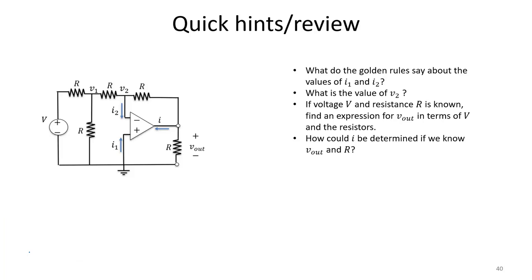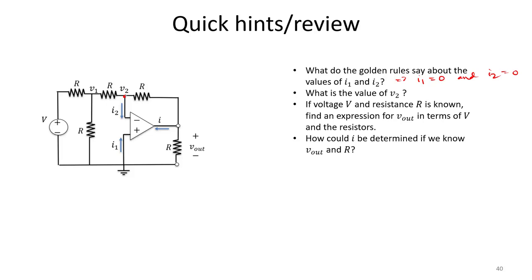Well, remember, the golden rules say that if our amplifier is an ideal operational amplifier, which here we'll assume is the case, we know that our currents I1 and I2 must be 0. Next, we're asked, what is the value of our voltage V2?